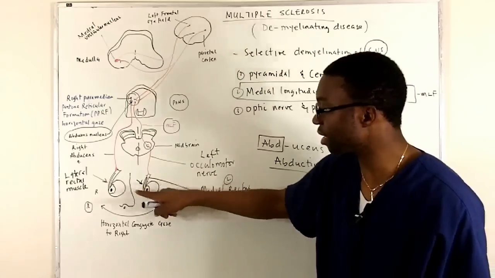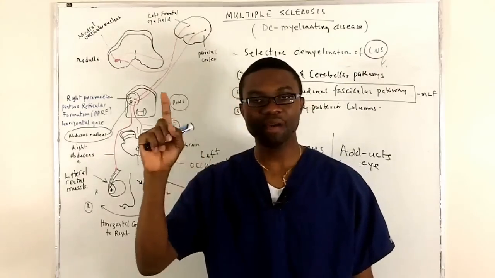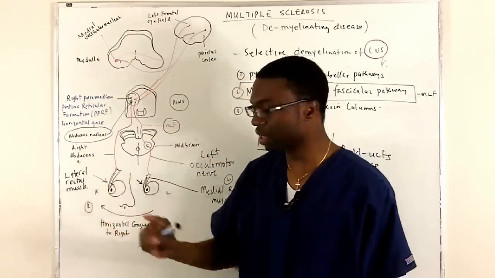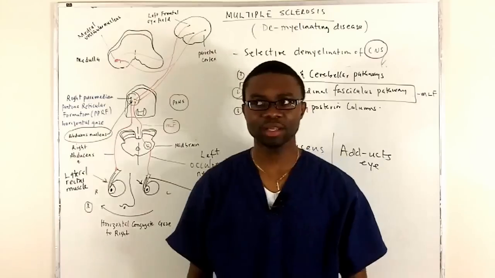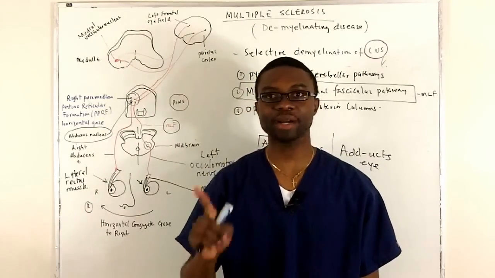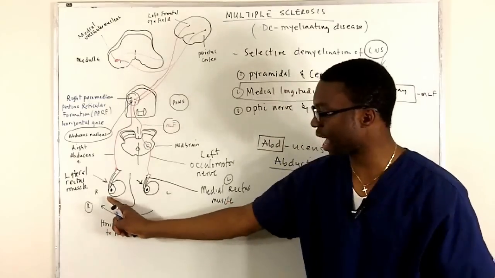Adduct. So as you can now see, the patient will be able to have a right abduction by using the lateral rectus muscle, and they're also going to be able to adduct their eye, as you can see when I move my eye without moving my head, right? My eyes like that, and that's like that. That is what you're seeing exactly on the board.